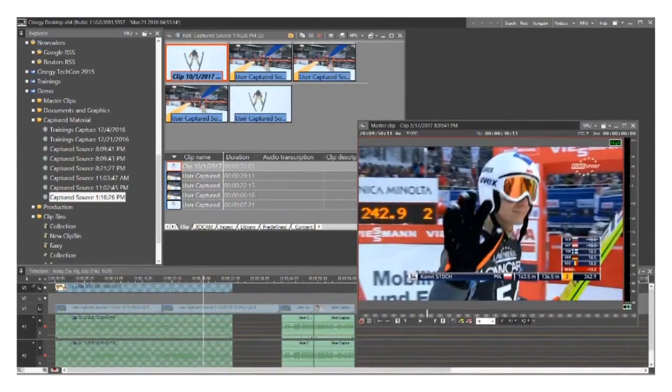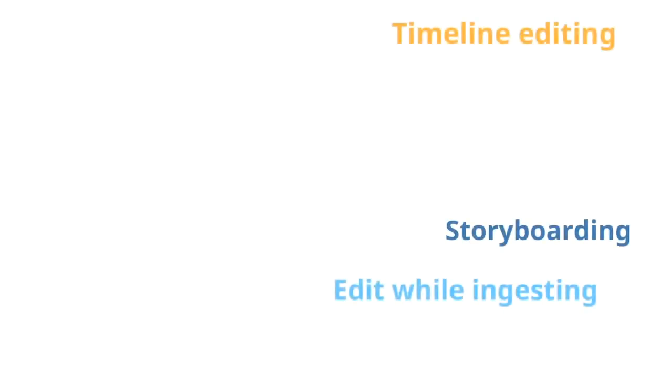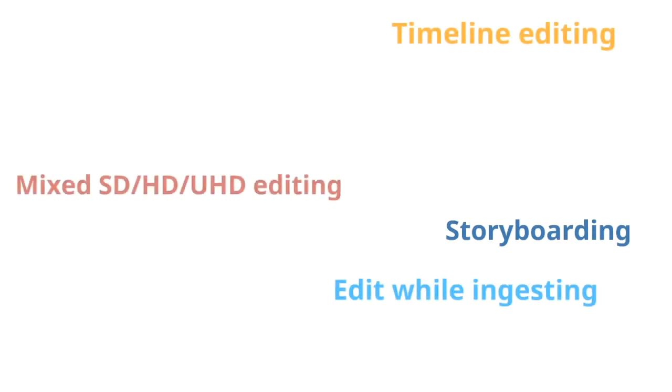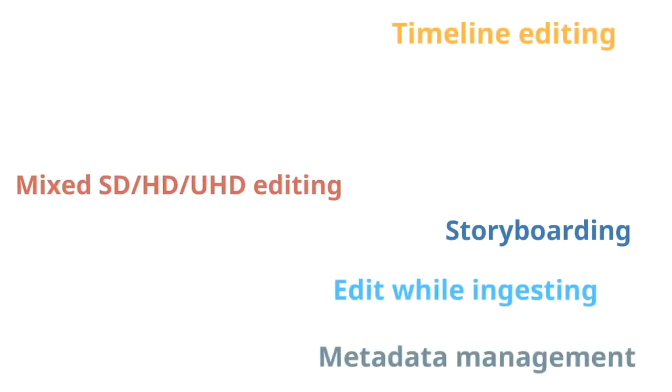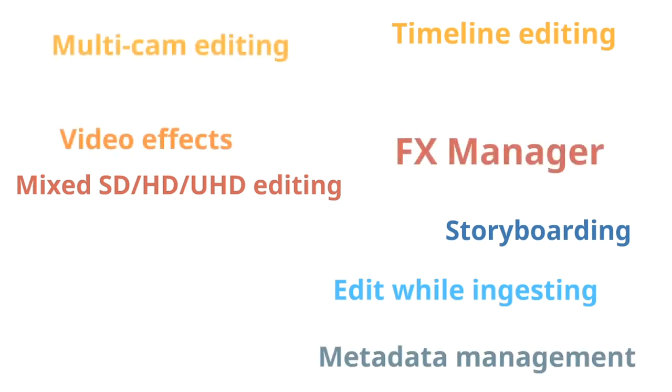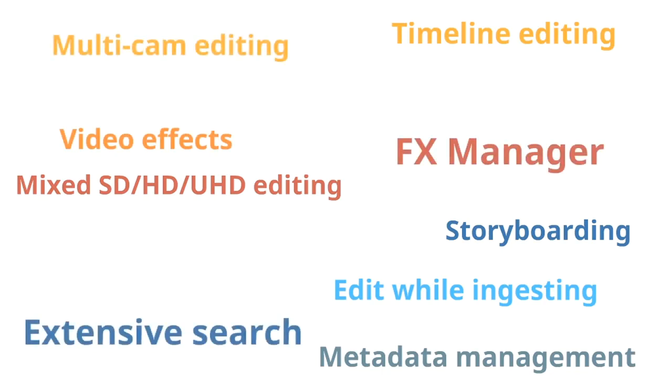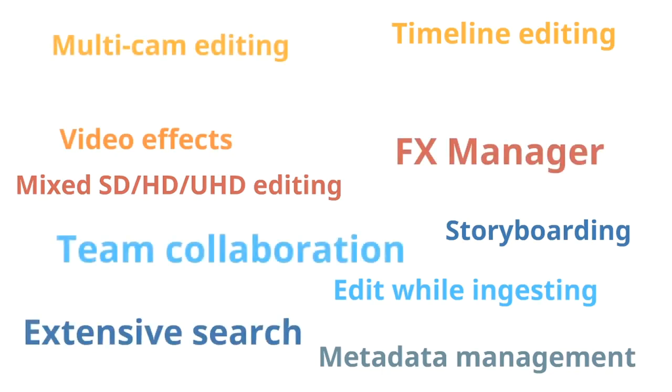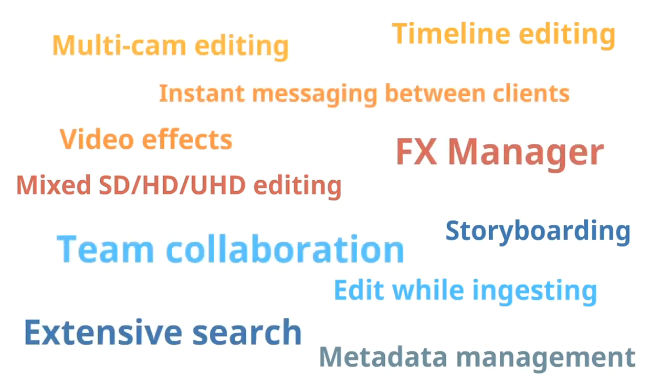Cinegy Desktop is a MAM client that provides the user interface for an impressive array of functionality, including storyboarding, timeline editing, edit while ingesting, mixed SD, HD, UHD editing, metadata management, video effects, FX Manager, multicam editing, extensive search, team collaboration, and instant messaging between clients.